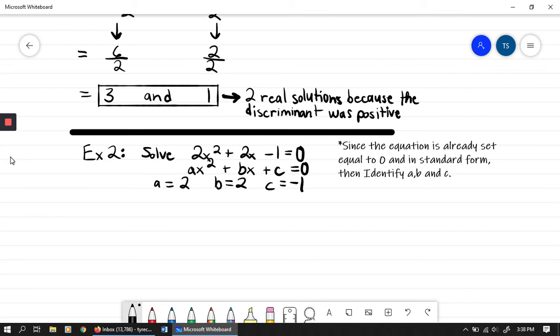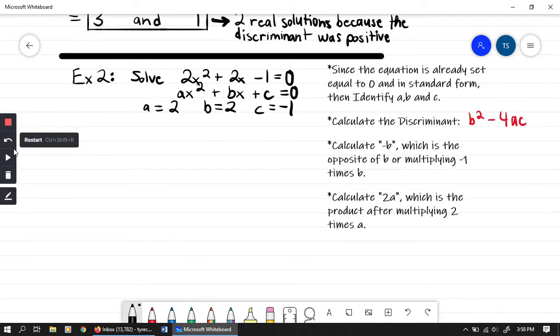So now that we've got our A, B, and C, we need to go ahead on and calculate our discriminant and calculate the opposite of B, even though it may look like negative B. Remember, we're calculating the opposite of B. And we need to go ahead on and calculate 2A, 2 times A. Alright, so let's calculate these three parts.